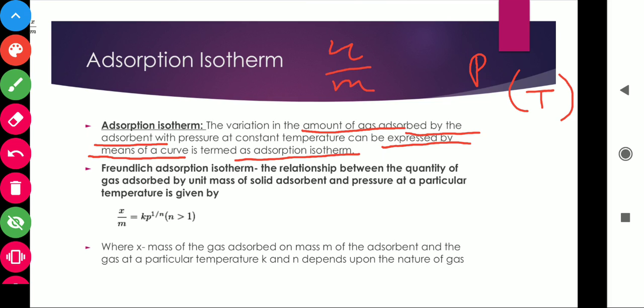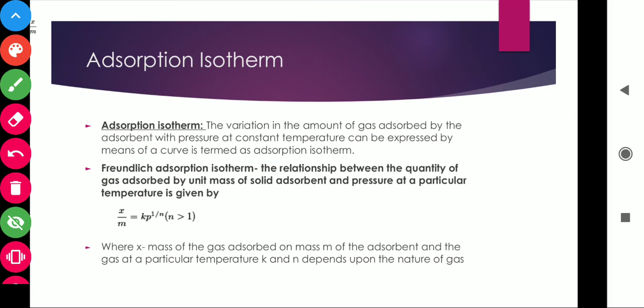These are termed as adsorption isotherms. It gives the relationship between the quantity of gas adsorbed by unit mass of solid adsorbent and pressure at a particular temperature. Again, temperature is constant.